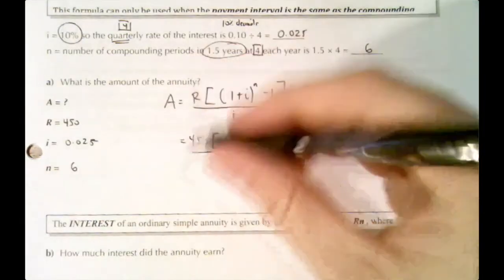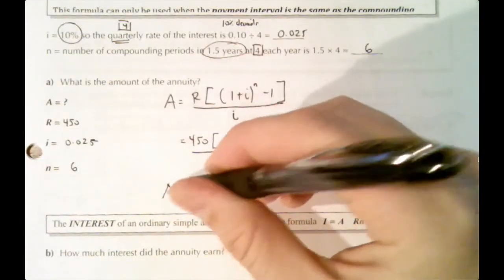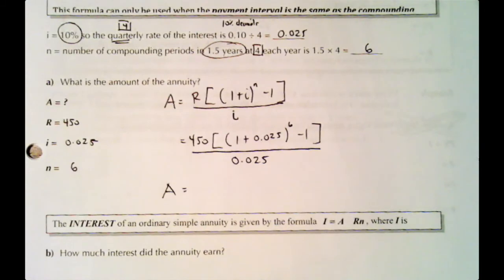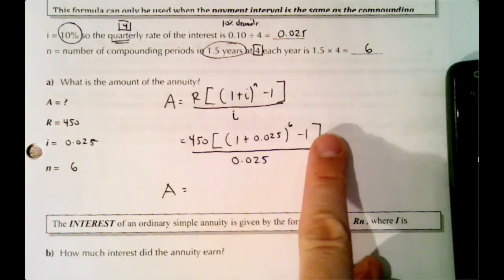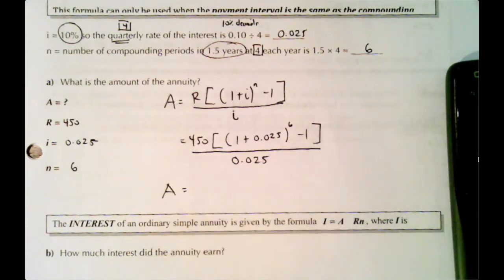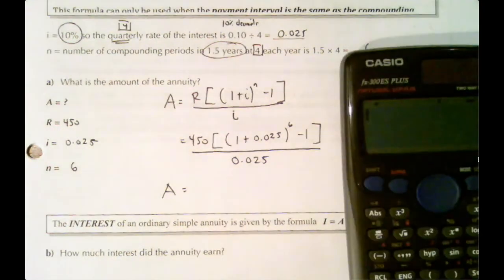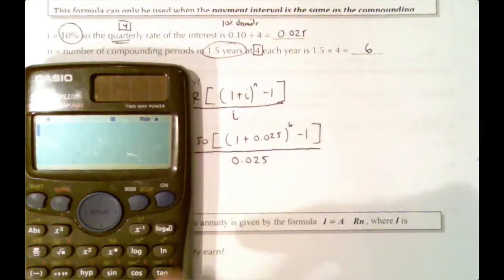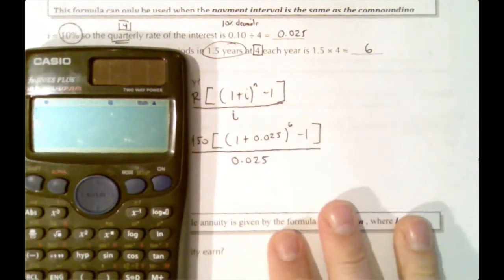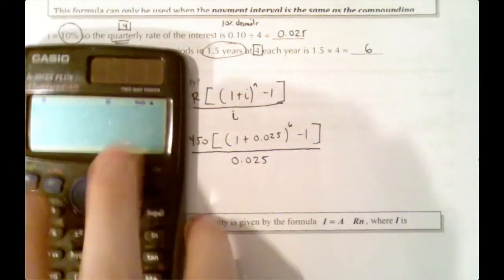Now, it is easiest if you can practice typing this whole thing in your calculator at once. It makes the math so much easier. If you can't, try to do the entire top first and then just divide at the end. I'm going to type the whole thing in my calculator just to show you that it works.